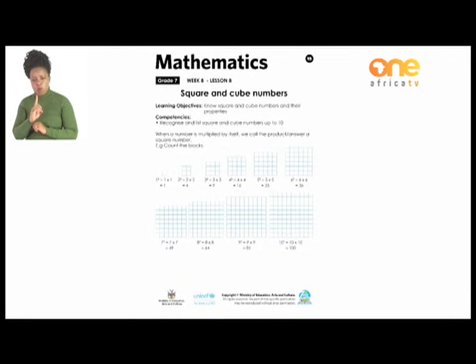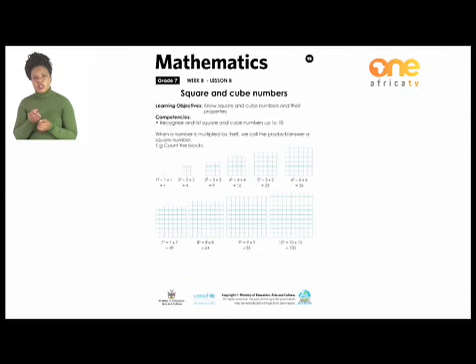The second, we have 4 blocks there, and that is 2 squared, so it's 2 times 2 gives you 4. Then 3 squared, 3 times 3 gives you 9, 4 squared, 4 times 4 gives you 16, 5 squared, 5 times 5 gives you 25, 6 squared, which is 6 times 6 gives you 36.